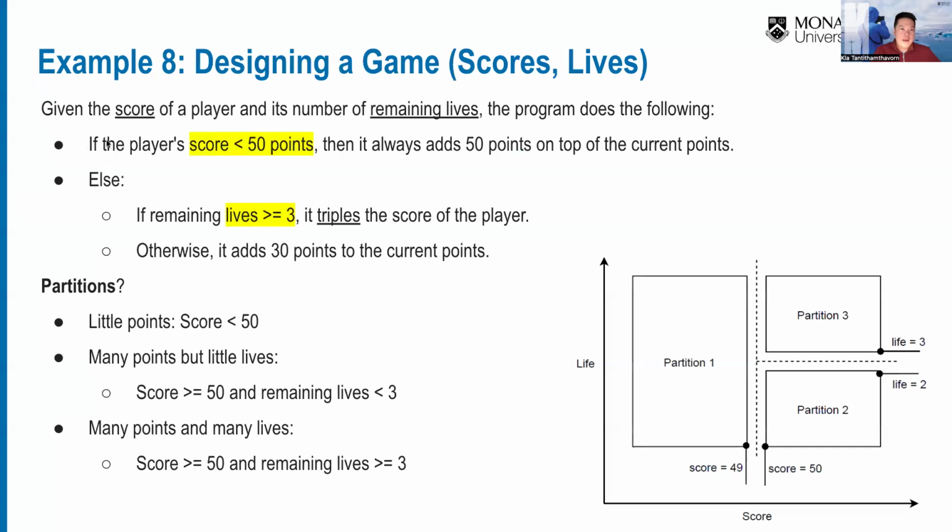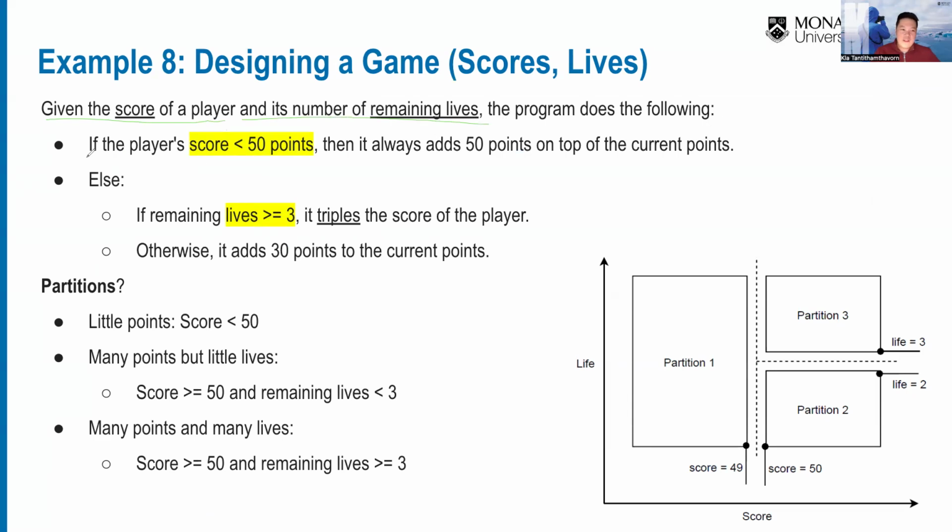Okay. Example 8. Now we're going to design a game. Let's say we have a game, and the logic rule here is, given the score of a player and its number of remaining lives, the program does the following.